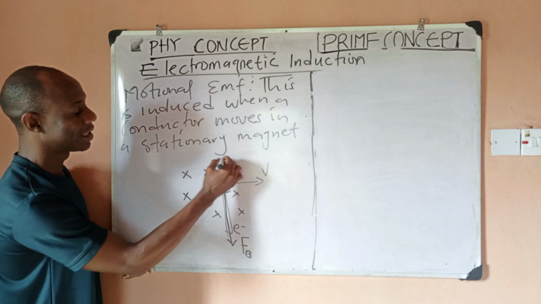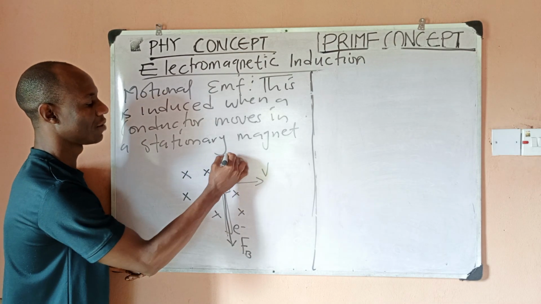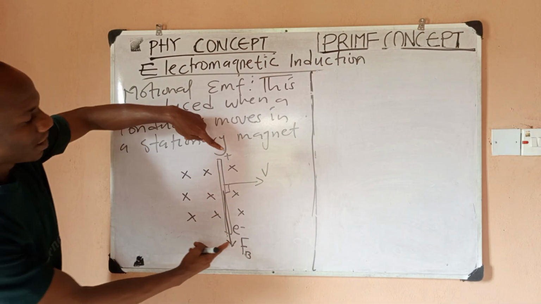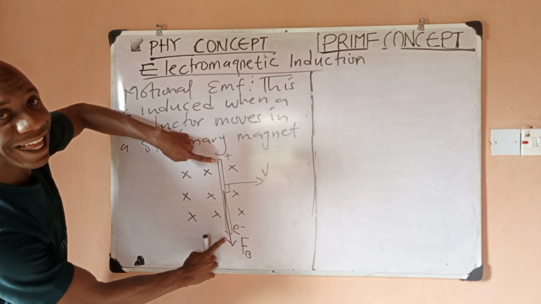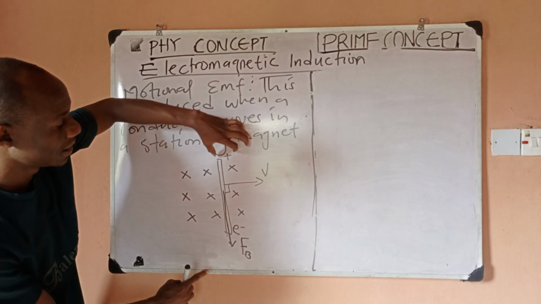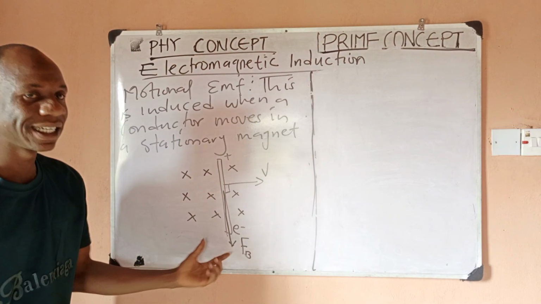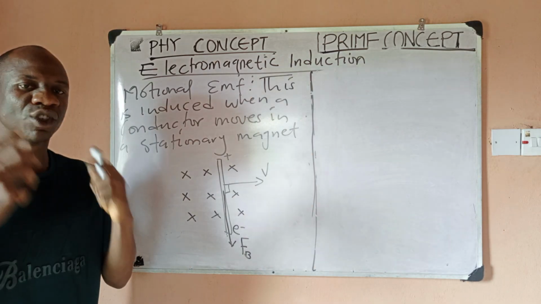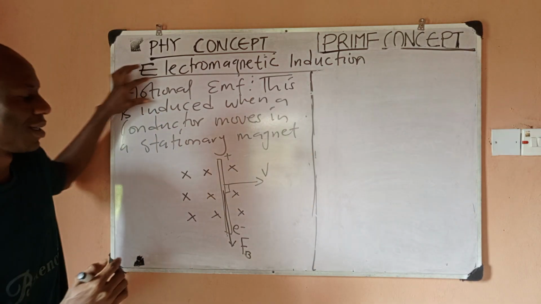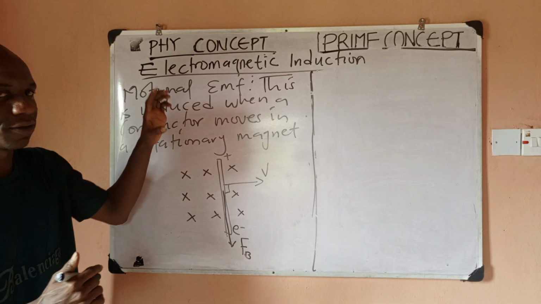Relative to this end, this part becomes positively charged, so there is a potential difference across the ends of this conductor, which is what we know as the motional EMF, right?